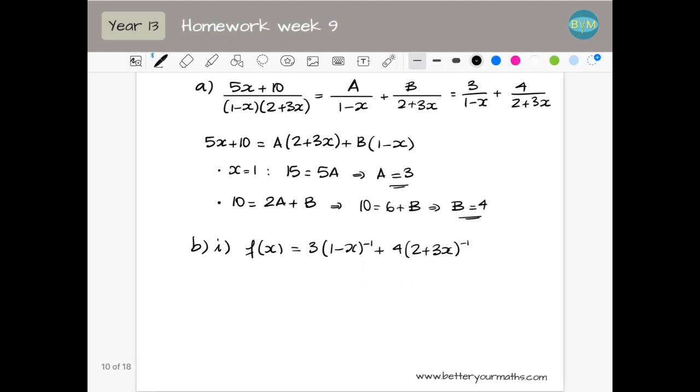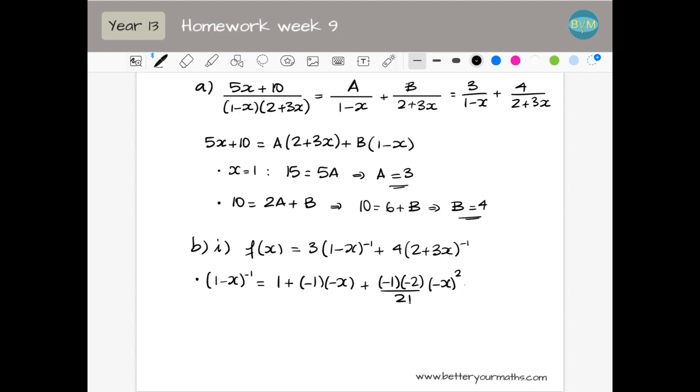So the first one, (1 minus x) to the power of minus 1, is going to be 1 plus nx, where n is minus 1 and x is minus x, plus n, which is minus 1, times n minus 1, which is minus 2, divided by 2 factorial, and then minus x squared.